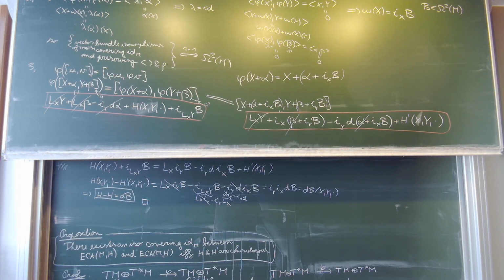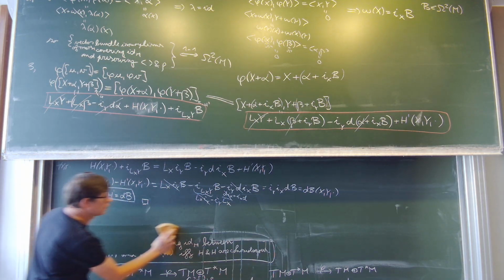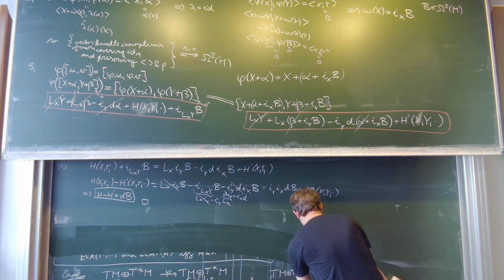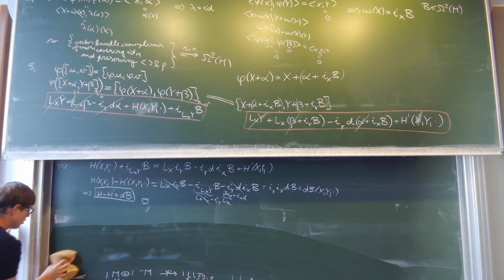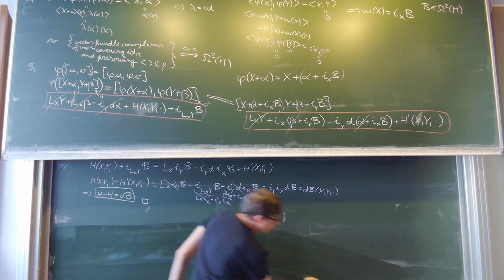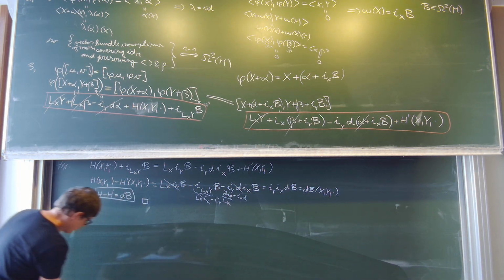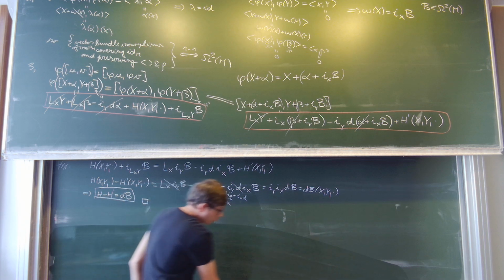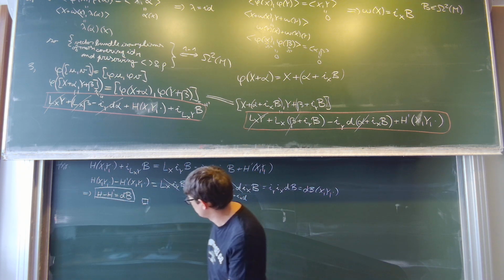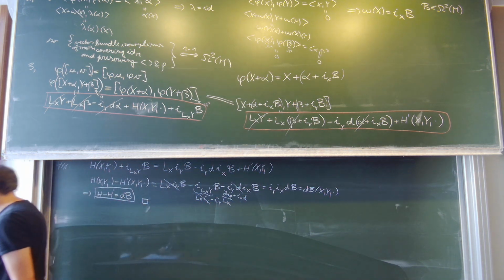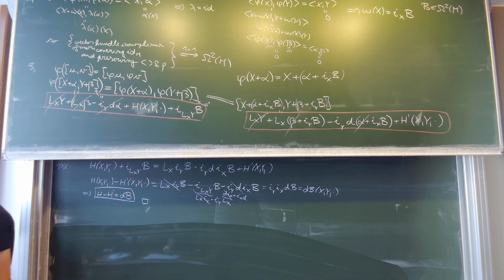Okay, and now we can write down maybe one more definition. If someone gives you this exact Courant algebroid, but not the specific one, the other one, can you somehow extract the cohomology class of H?